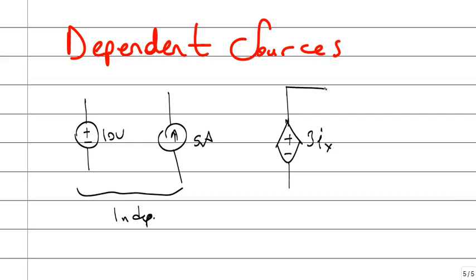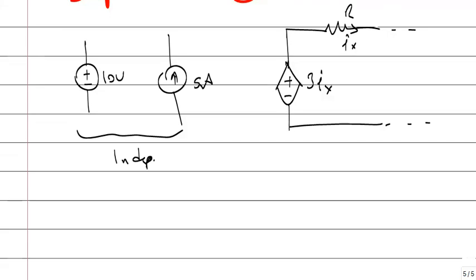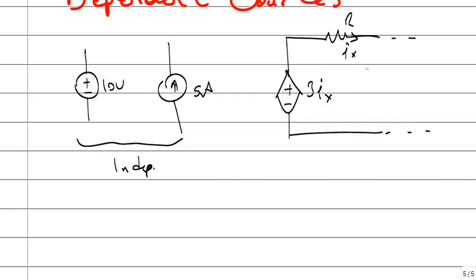Ix is the current of another component. This is current dependent voltage source, let me say current controlled voltage source. This example can be voltage controlled voltage source. If you say, for example, this is another R, R1, R2.